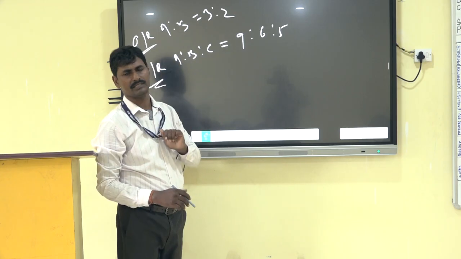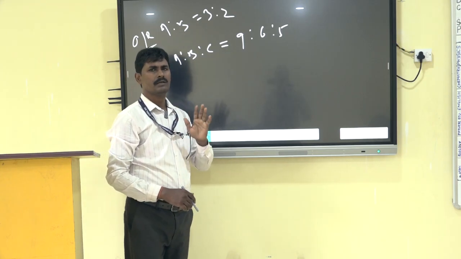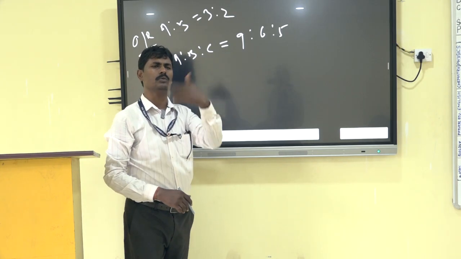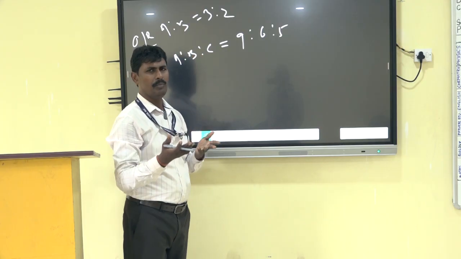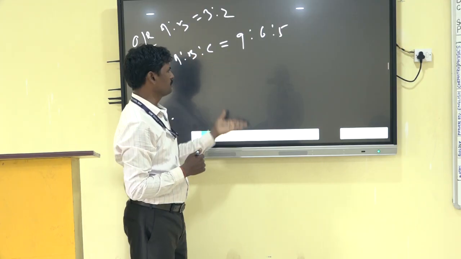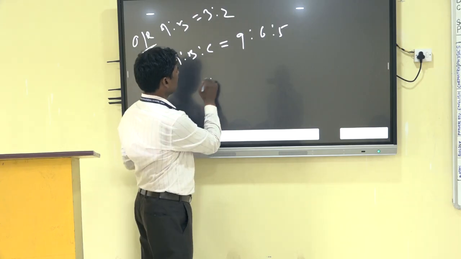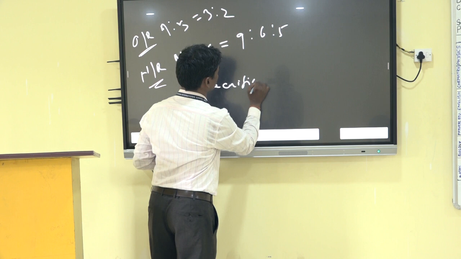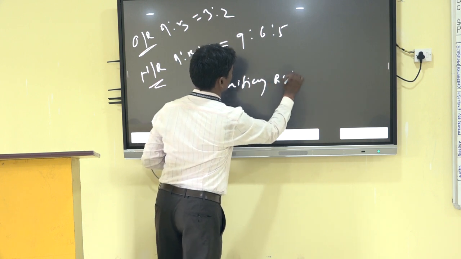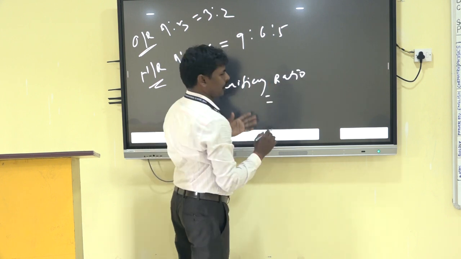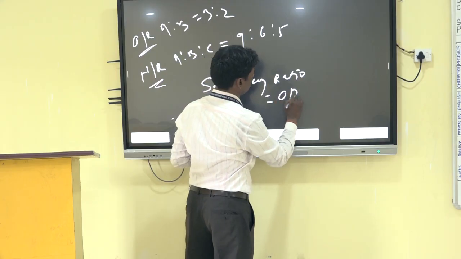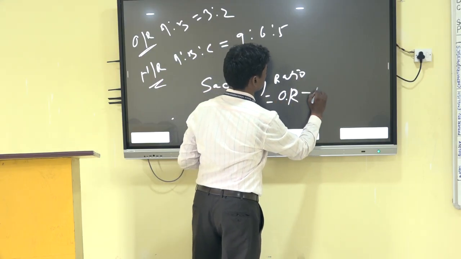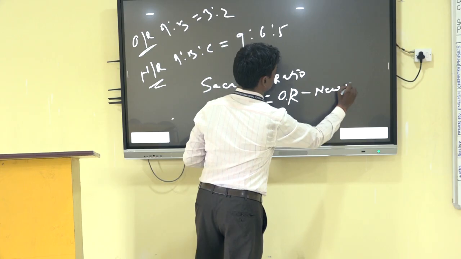Now, sacrifices. Who sacrifices? The old partner sacrifices to the new partner. How much? That will be calculated in this process. You see, the sacrificing ratio. The formula is old ratio minus new ratio.